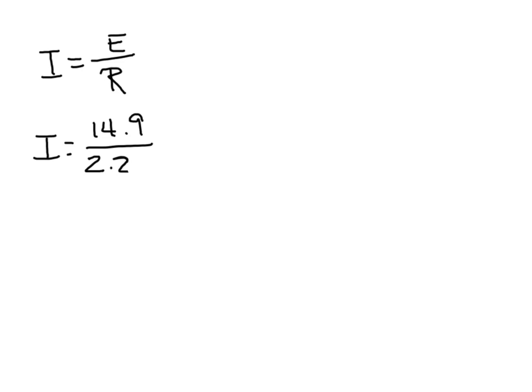For this sample problem, we are provided with the voltage and the resistance, so we need to figure out the amperage, or I for the current, equals E divided by R. Substituting in the values that were given, we're going to have 14.9 divided by 2.25.